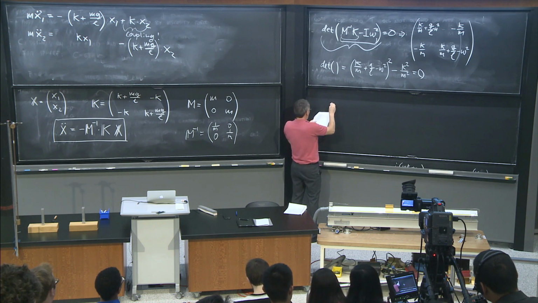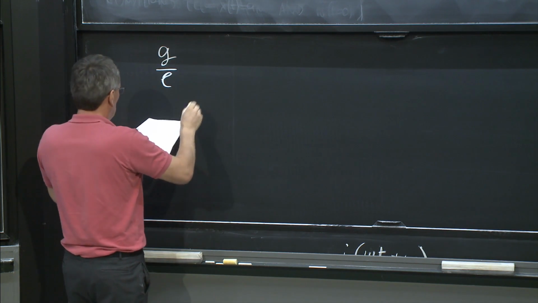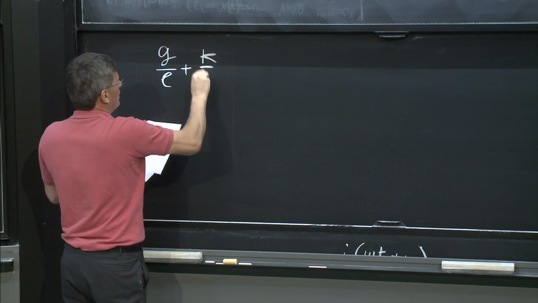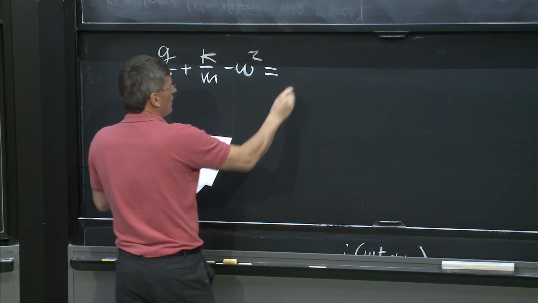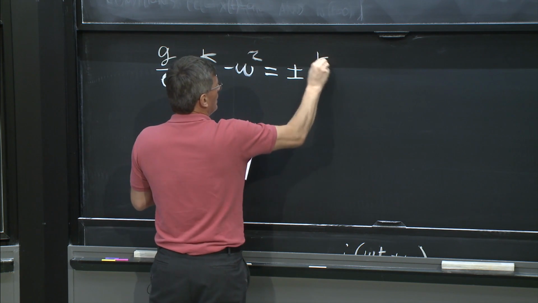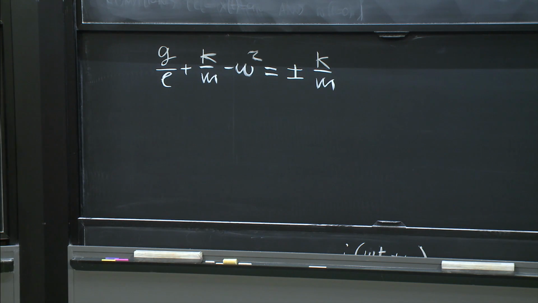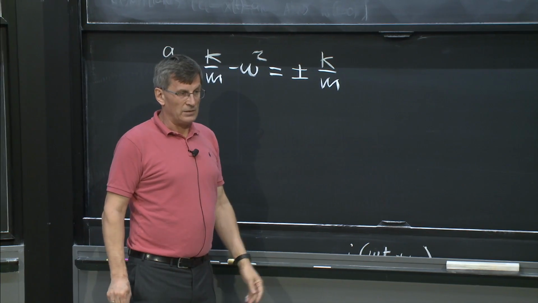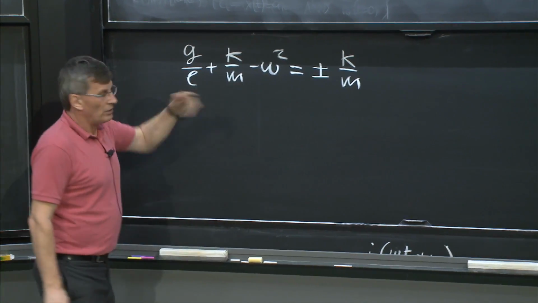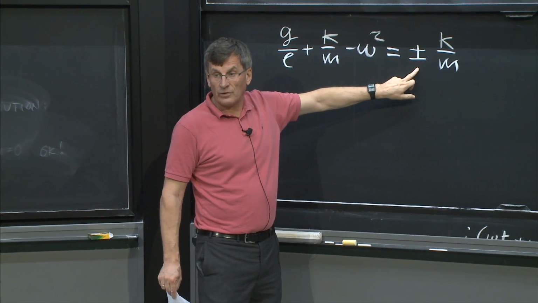So this is basically equivalent to the following equation: G over L plus K over M minus omega squared must be equal either to plus or minus K over M, right? I took a square root of both sides. If you take a square root, you have to worry about plus or minus signs, right? So there are two solutions, one which corresponds to plus here, the other which corresponds to minus here.